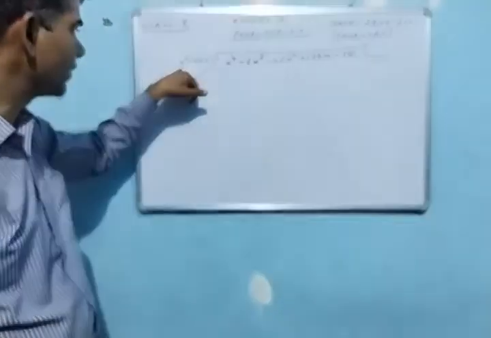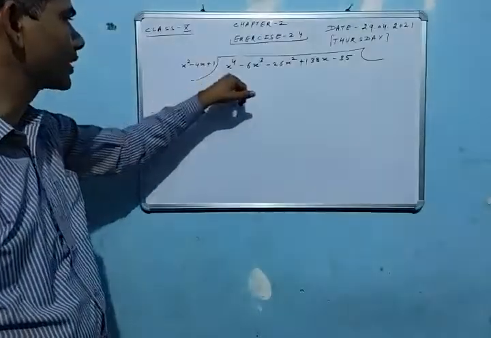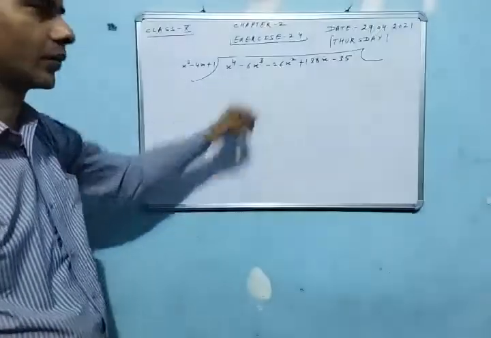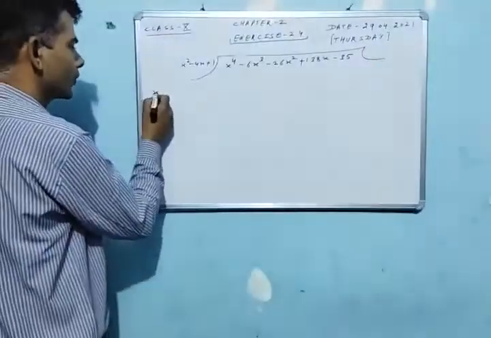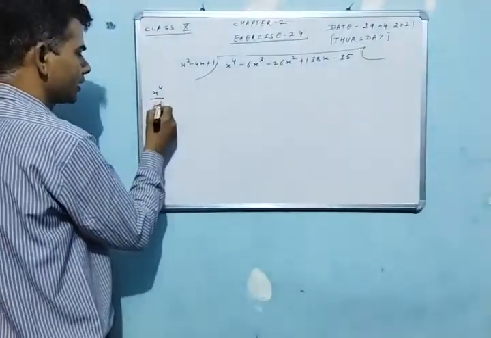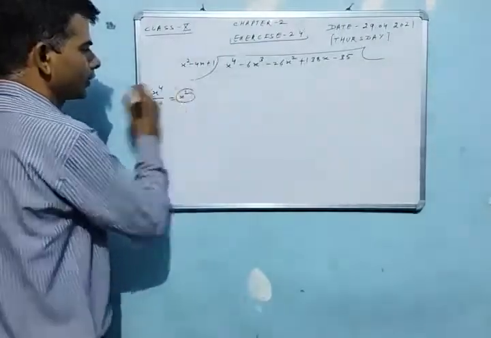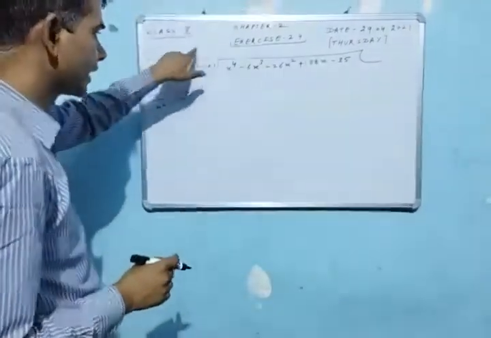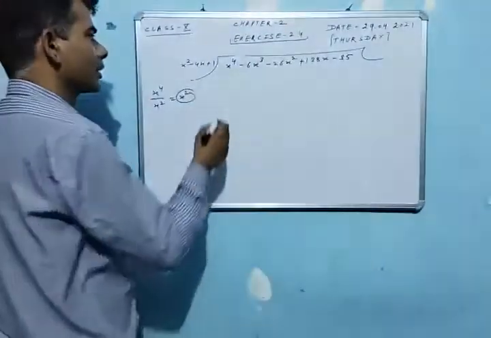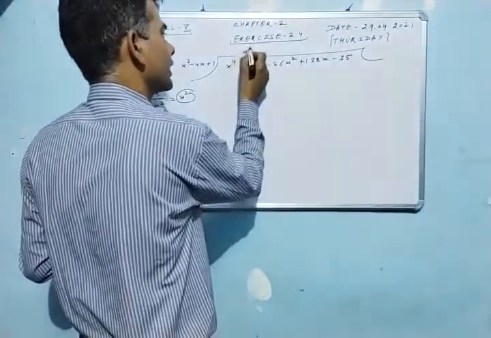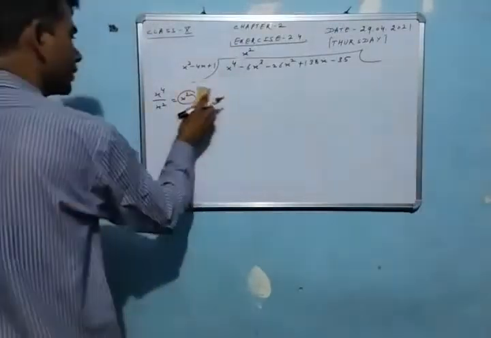Students, by this x square is multiplied, the result will be x raised to power 4. X raised to power 4 divided by x square, the result will be x square. Now students, this expression is multiplied by x square.